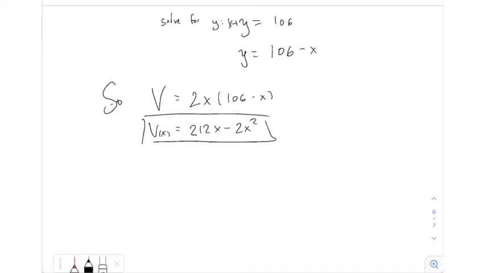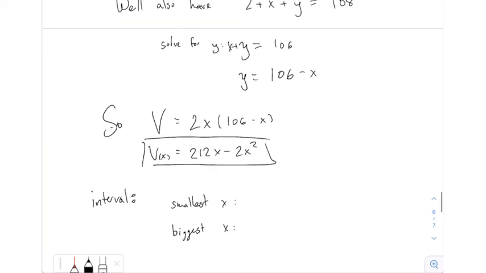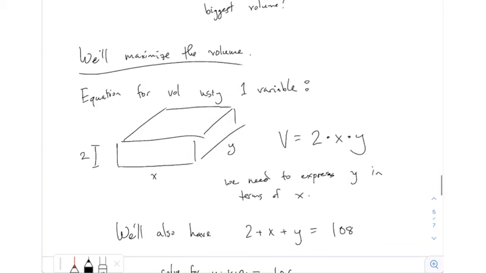We also need the interval of allowable values. For the interval, I will look at what's the smallest possible x and what's the biggest possible x, and make an interval out of them. You can look at the picture. Last time I read this information off of the picture, but in this example, the picture doesn't really suggest a biggest possible value.